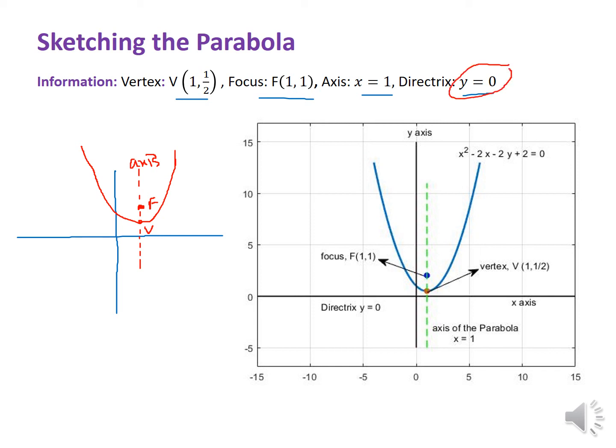Now the directrix, actually the directrix will be what? Look here, the directrix is y equal to 0. This implies the x-axis, so the x-axis will be the directrix of this parabola.